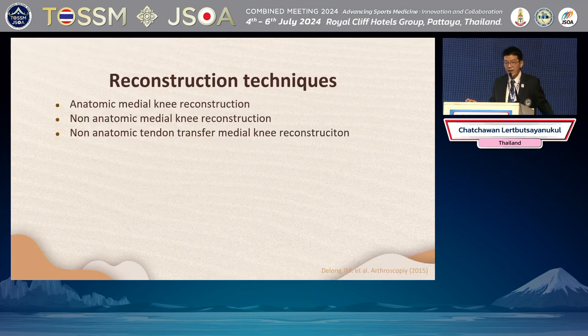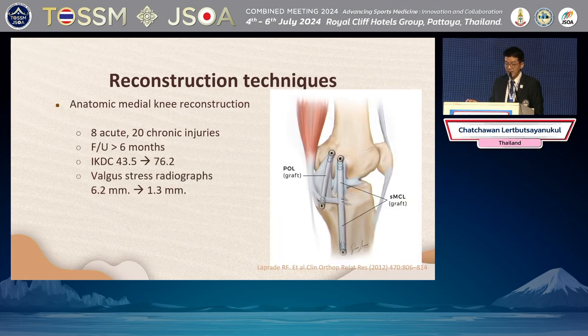We can divide the MCL reconstruction techniques into three categories. First is the anatomic medial knee reconstruction. The most familiar technique is the LaPrade technique, which reconstructs both the superficial MCL and POL, with a suture anchor fixation just distal to the medial joint line representing the deep MCL. The clinical and radiographic outcomes were very good.